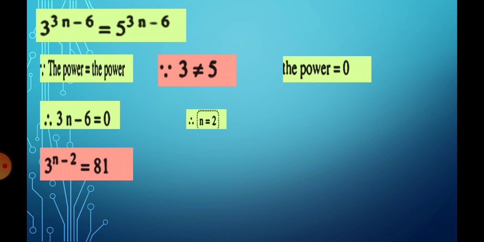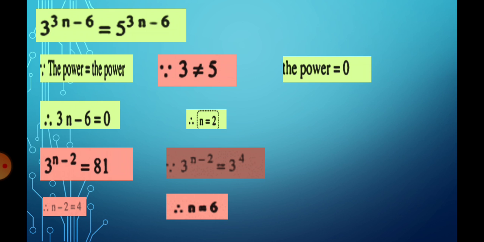We put 81 as 3 to the power 4. Then 3 to the power n minus 2 equals 3 to the power 4. Here the two bases are equal. Then the powers are equal. N minus 2 equals 4. Then n equals 4 plus 2, n equals 6.